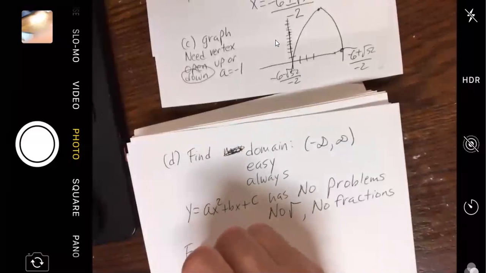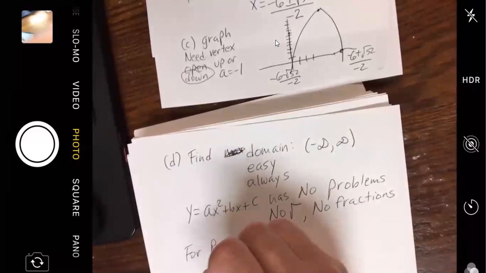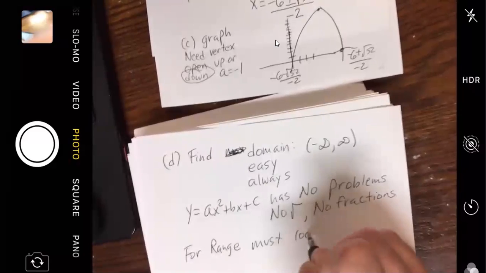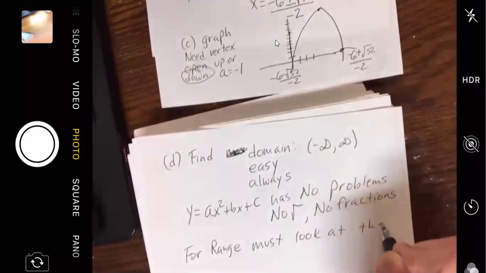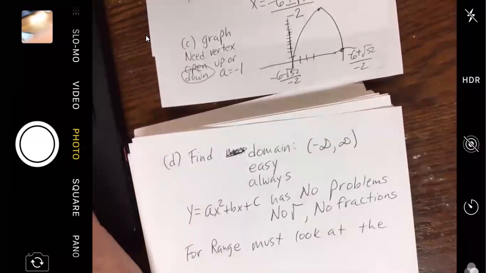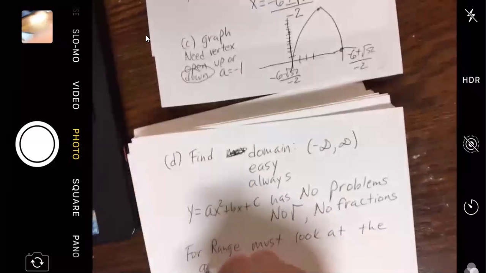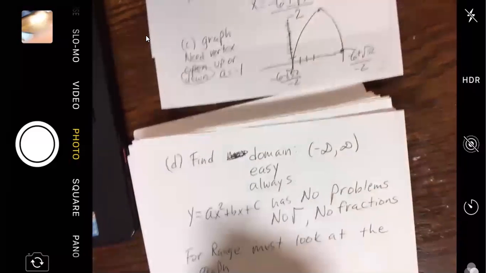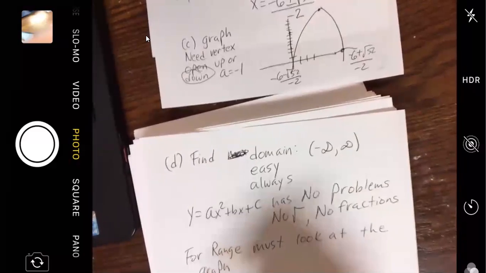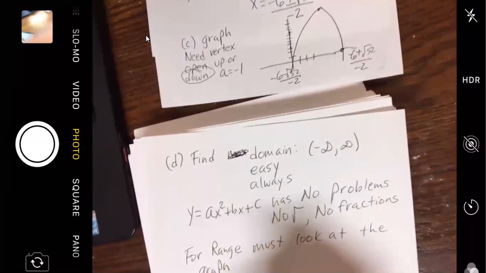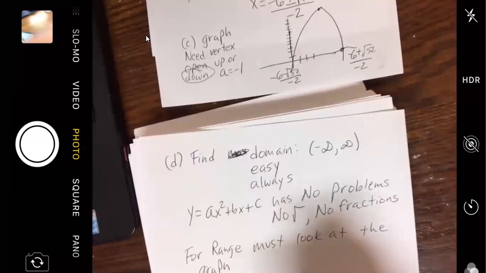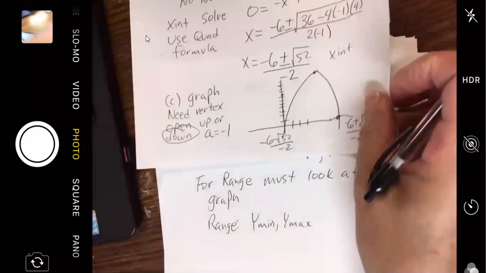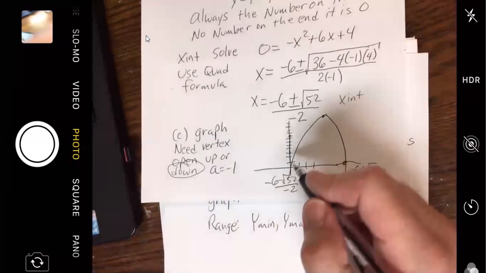For range, however, you must look at the graph. And I still have it kind of visible up here. Y min, comma, Y max. These go forever down.